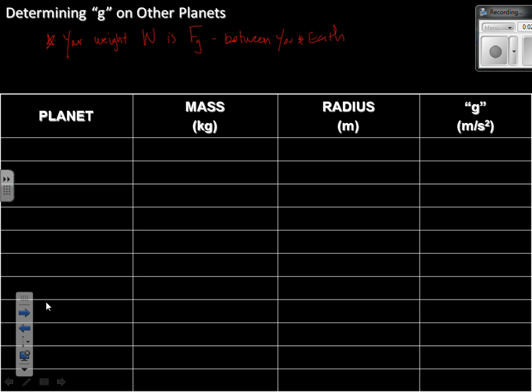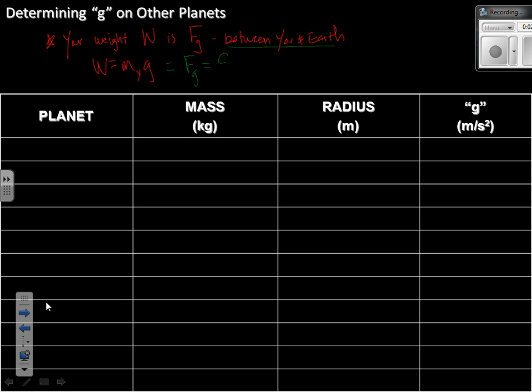It's the gravitational force that the Earth exerts on you. So we've written that as m times g. But what we're saying is that it is a gravitational force between you and the Earth.